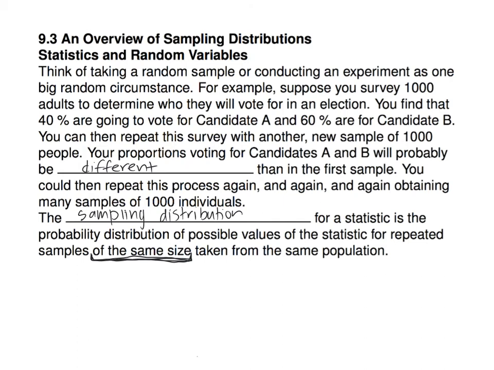So you think about doing this experiment over and over and over, and a question you're asking is how are these proportions going to change from one experiment to the next? How much variability will there be? And one can guess that if you have large samples, those proportions would not vary as much as if you had small samples.